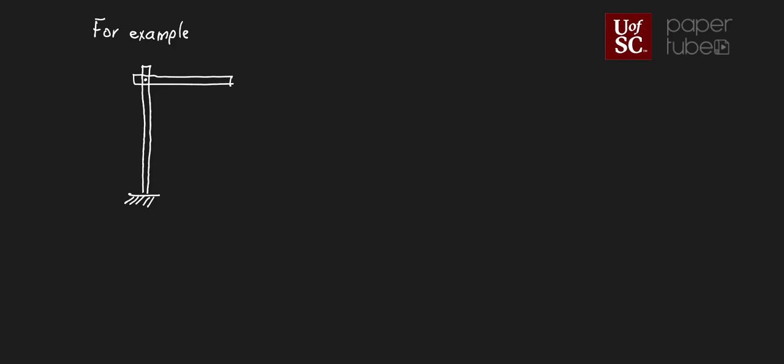Let's say a pin over here. These are all pieces of wood, okay? And we have another piece of wood somewhere in here. There you go. All of those are connected by pins. And we have some type of a load.